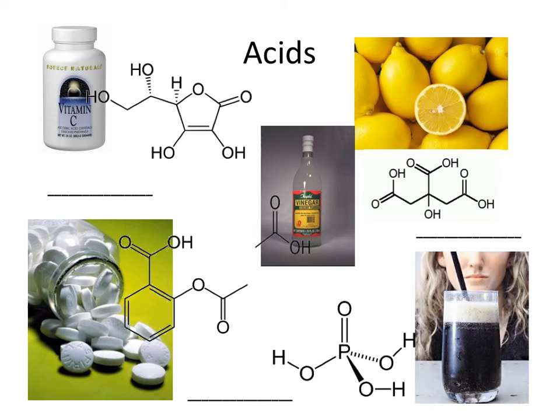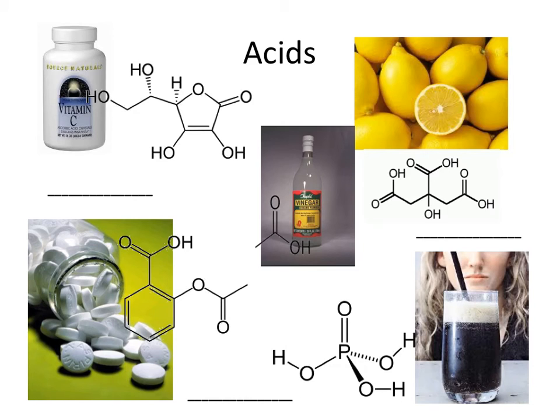Okay, so we're kind of winding down for the year. There's a few things about acids and bases that would be useful to know as part of a chemistry class. And so you have a lot of experience with these things in your daily life.